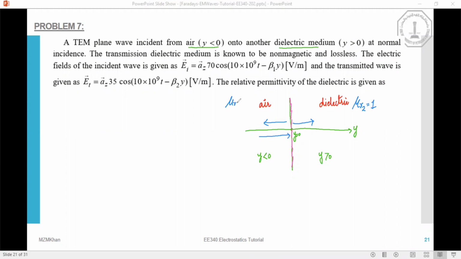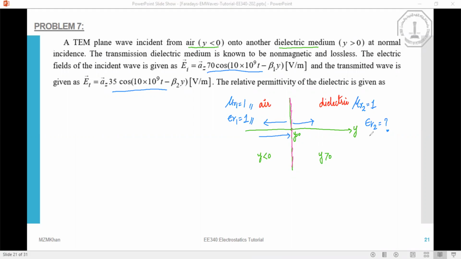And mu r1 is already 1. The electric field of the incident wave is given. So this EI is given to us and ET is given to us. And we need to find the permittivity. That means we need to find epsilon r2 here. Epsilon r1 is air, we know it is 1. And this is what we need to find.